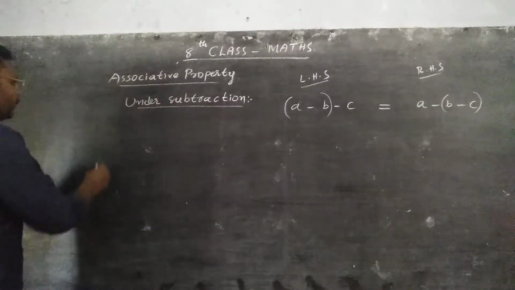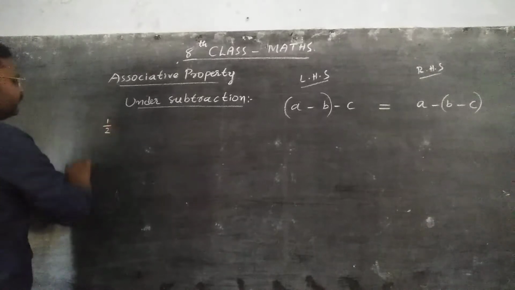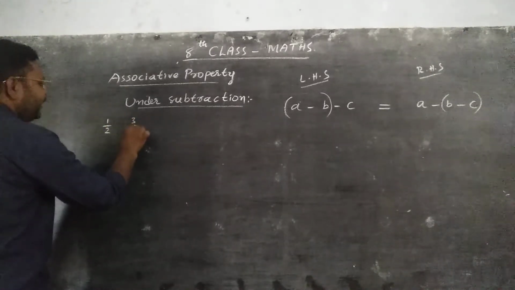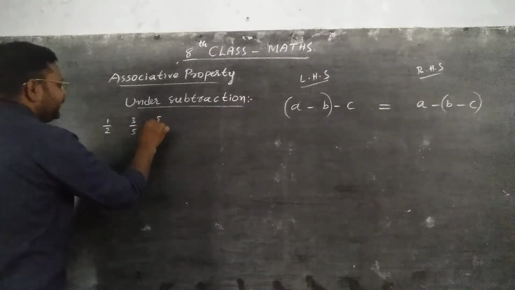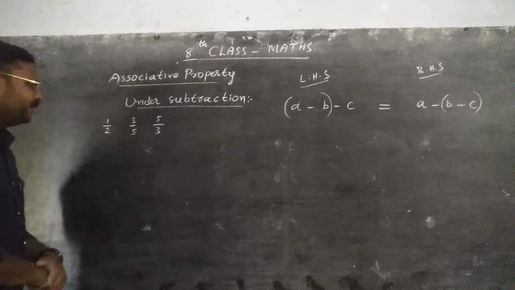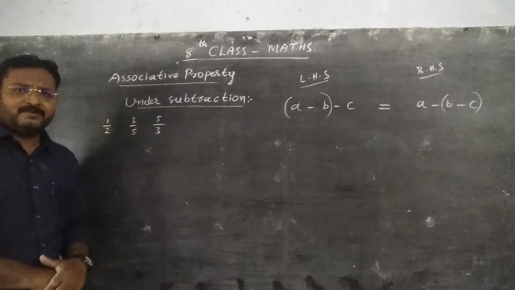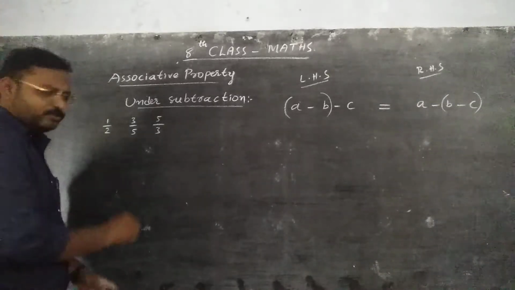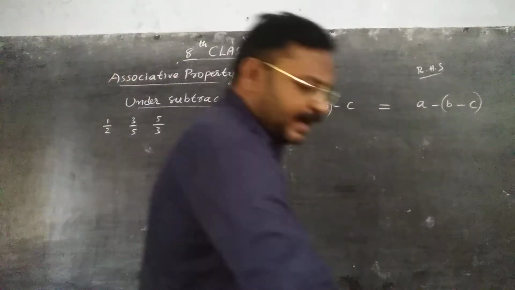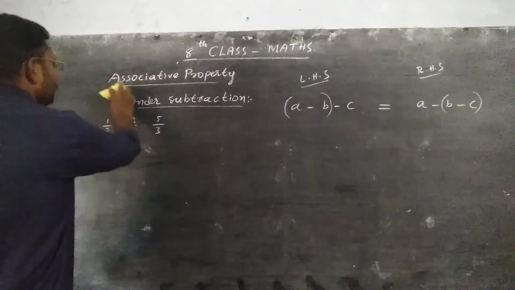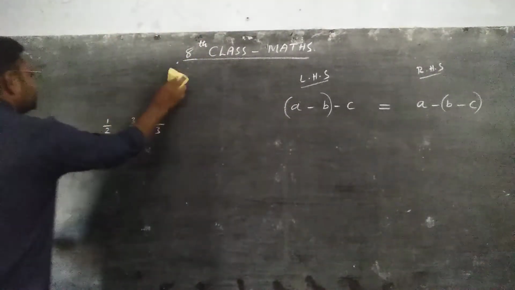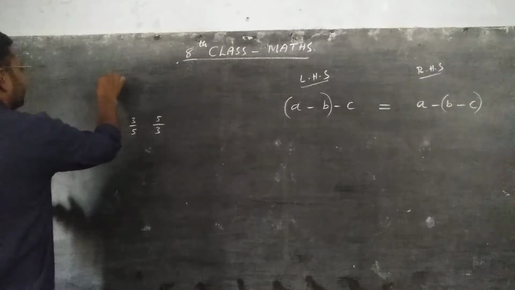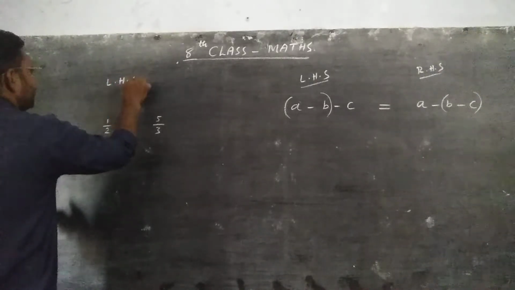So here also you take 3 rational numbers: 1 by 2, 3 by 5 and 5 by 3. I apply this as LHS, the left hand side.